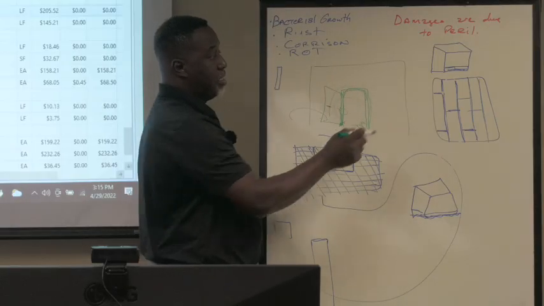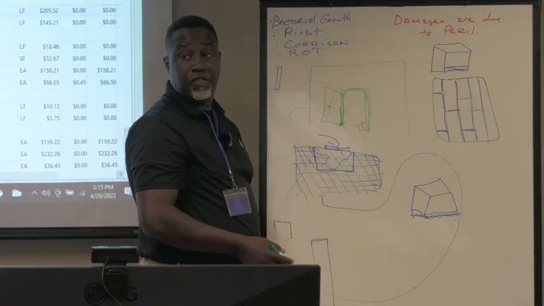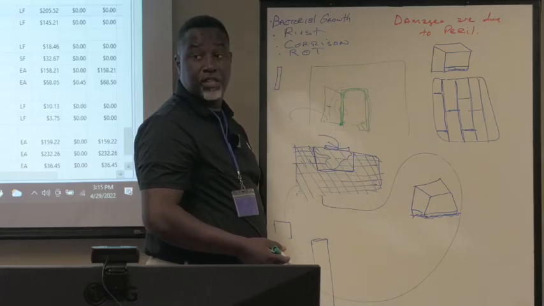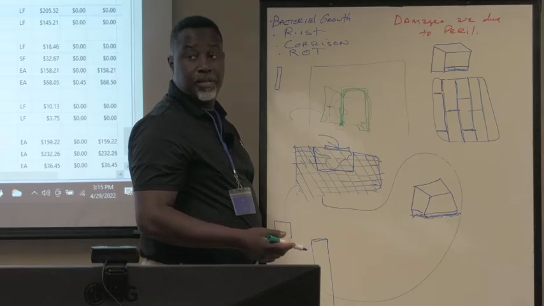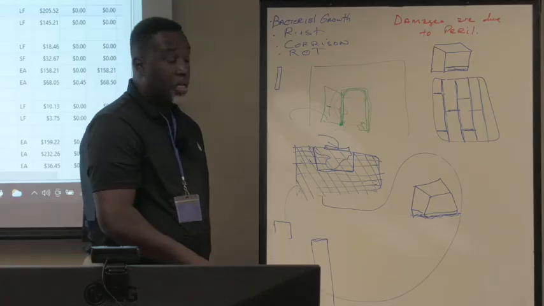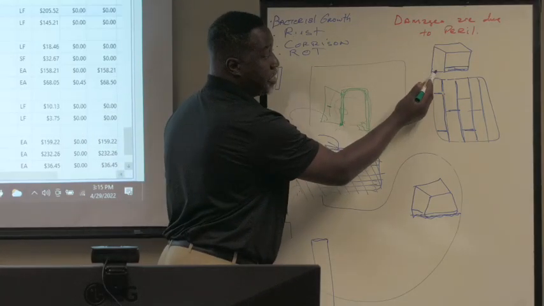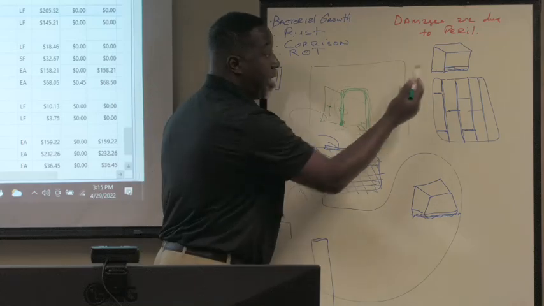The sides are touching the floor just like the toe kick's touching the floor, right? You see it, the side panels. But if the toe kick is damaged, the cabinet is damaged.